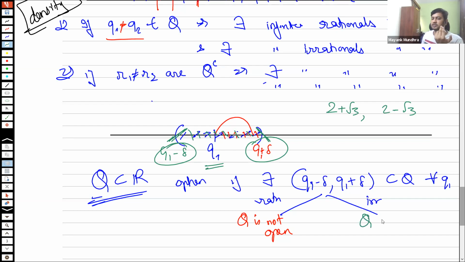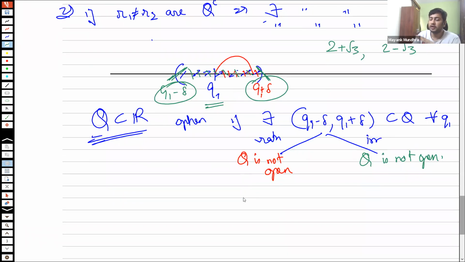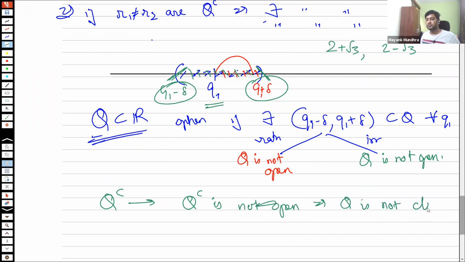So again, you get the result that Q is not open. By this logic, Q is not open. And when you do the same exercise on the set of irrational numbers, Q complement, you see that Q complement is also not open, which implies that Q is not closed.